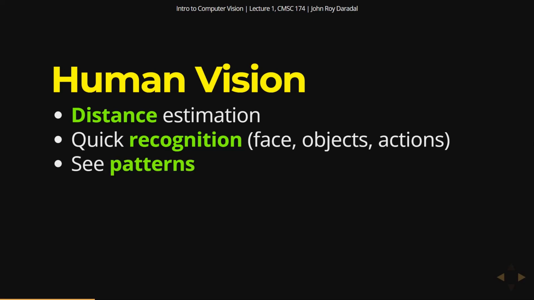And then of course we use our human vision to see patterns. So we are very good pattern recognition machines, our human vision system. Especially, for example, if we have things like finding where's Waldo in the game.